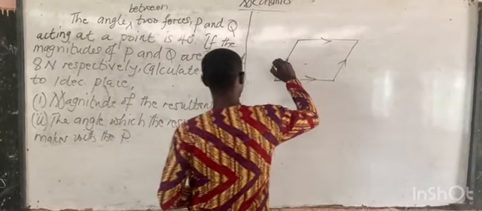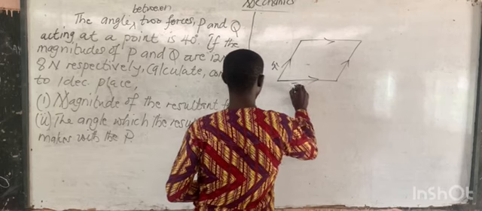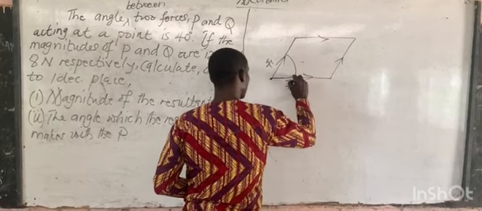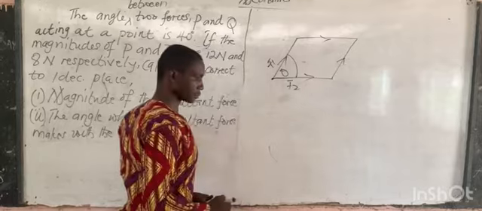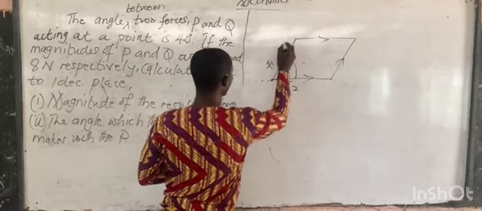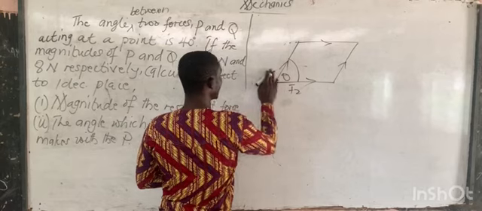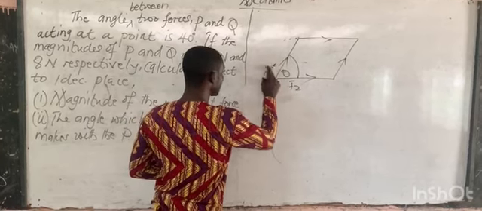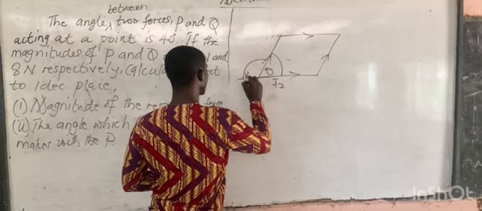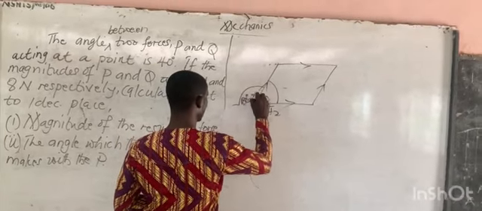So if there is a force, let's say F1 and force F2, acting at a point, and the angle between them is theta here, let me extend it a little. If I have theta here, it means the angle outside here will be 180 degrees minus theta.